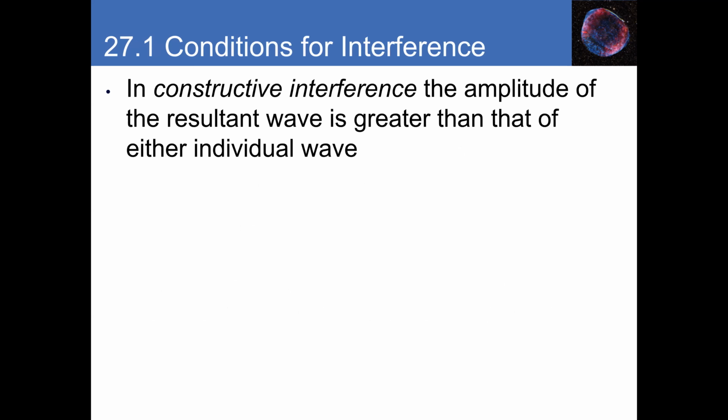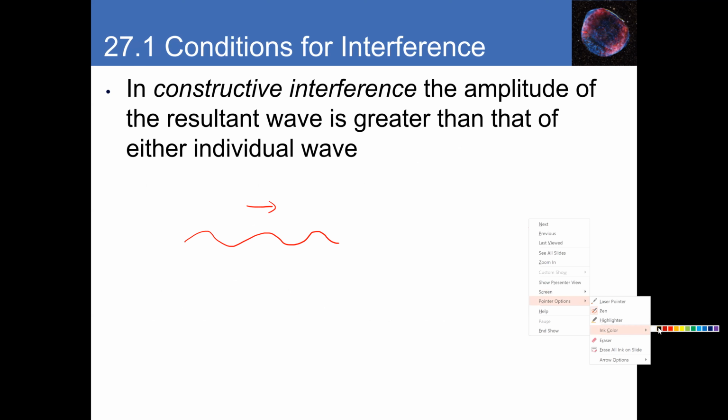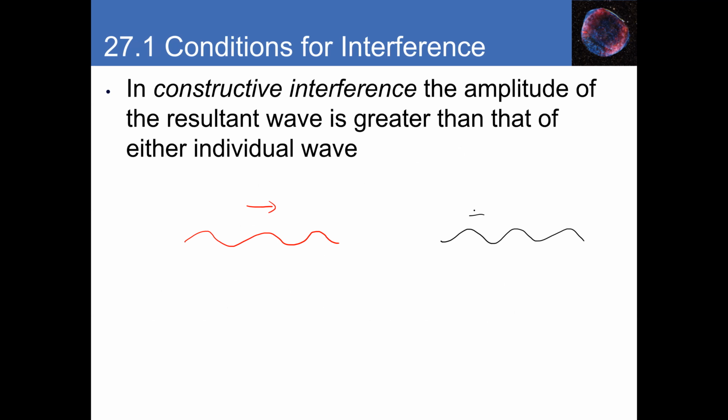So remember, constructive interference is when you have two waves. So let's say here's wave one moving to the right, and then here let's make it a different color maybe. All right, so here's wave two moving to the left. And when they overlap, for example, here's the instant when they overlap.